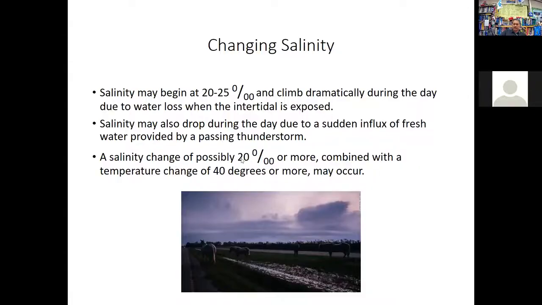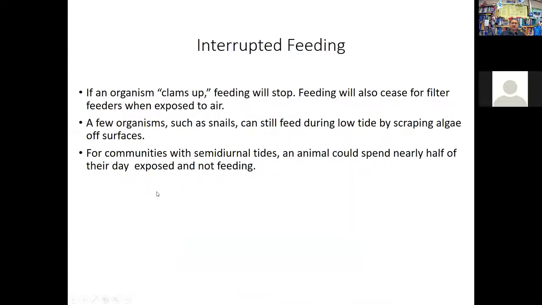A salinity change of possibly 20 parts per thousand or more, combined with a temperature change of 40 degrees or more, may occur. These are big changes in both temperature and salinity, so intertidal organisms need to be adapted to both of those types of changes.